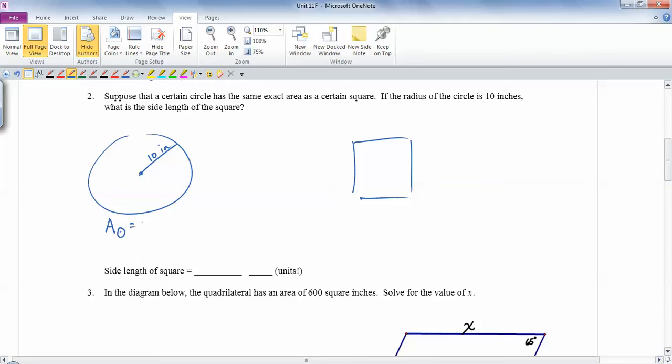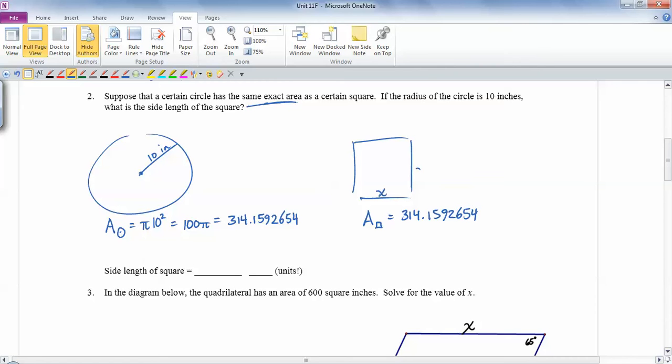The area of the circle is pi r squared, so pi times 10 squared, 100 pi, which is 314.1592654. I know that's the same as the area of the square because they have the same exact area. So the area of the square is 314.159 and so on.